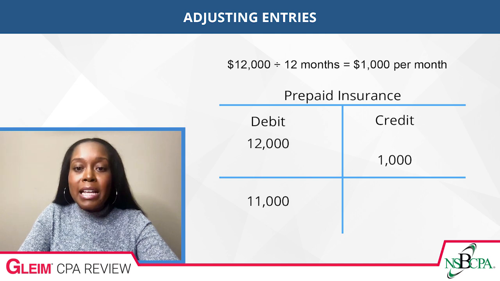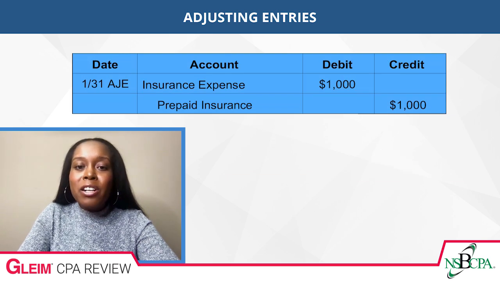We will show that asset being used up by crediting the prepaid insurance for $1,000. Now, the balance of the account will be $11,000, or the 11 months of insurance that is still paid up in advance. Here's the presentation of the adjusting journal entry.